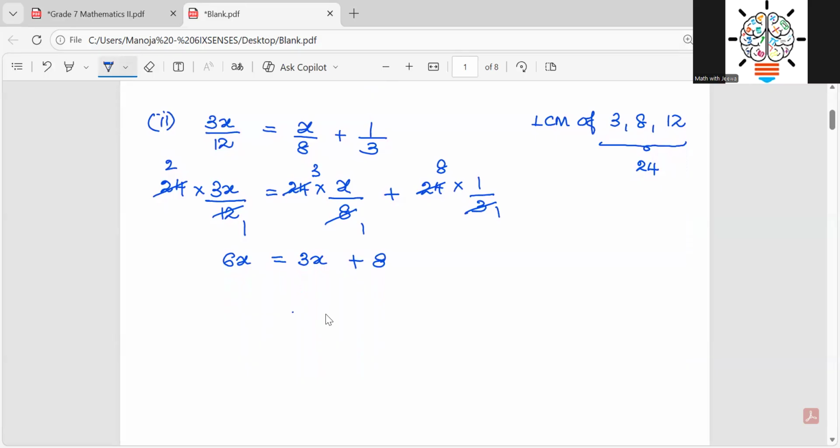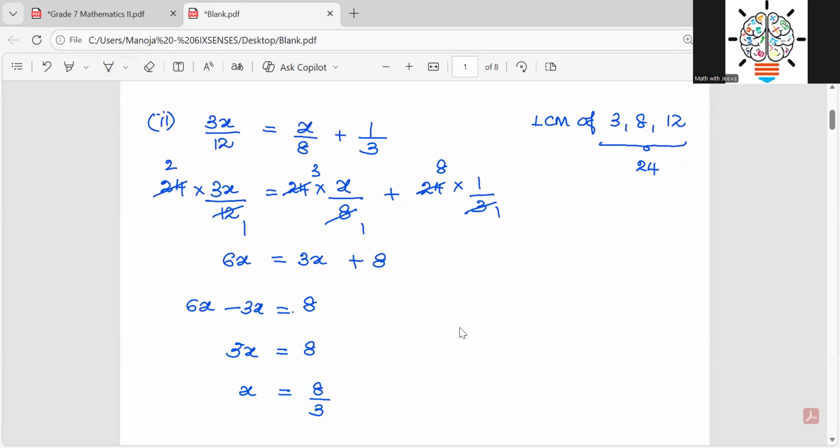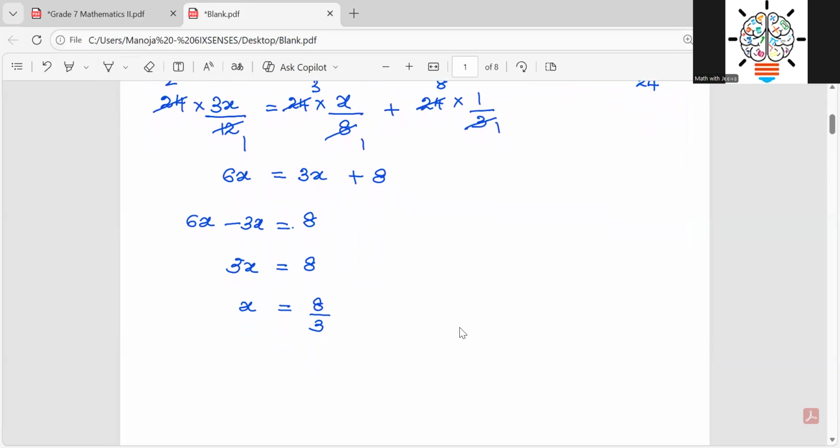I just bring 3x to the other side as minus 3x, so 3x equal to 8 and x equal to 8 over 3.